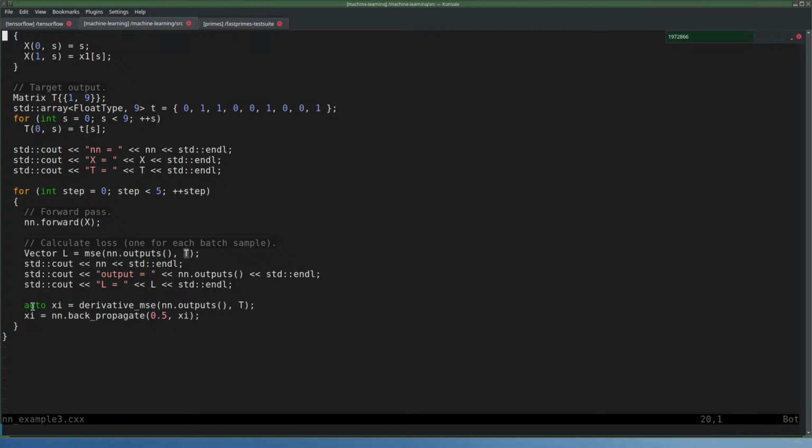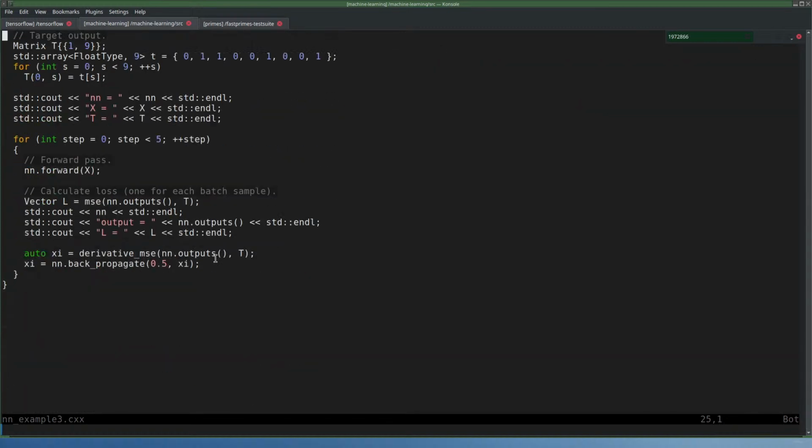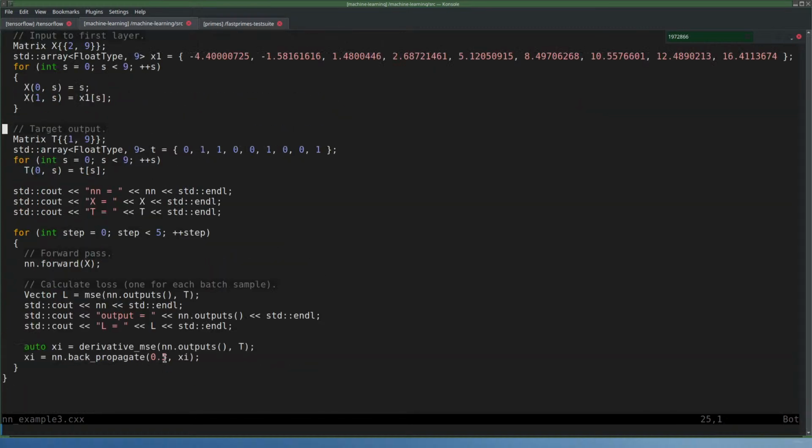And then we calculate the derivative of the MSE for the same inputs, that value, and then we do a back propagation.